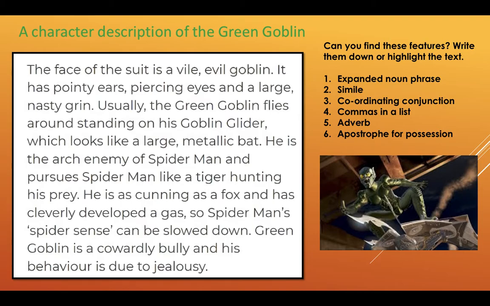And then you can continue doing that. So colour it or underline it or circle if you see a simile or conjunction or commas in the list, adverb and so on. It'll save you having to write them out. So that will be your first task of the day. If you want to do it now, it's up to you. Press the pause button. I will continue.